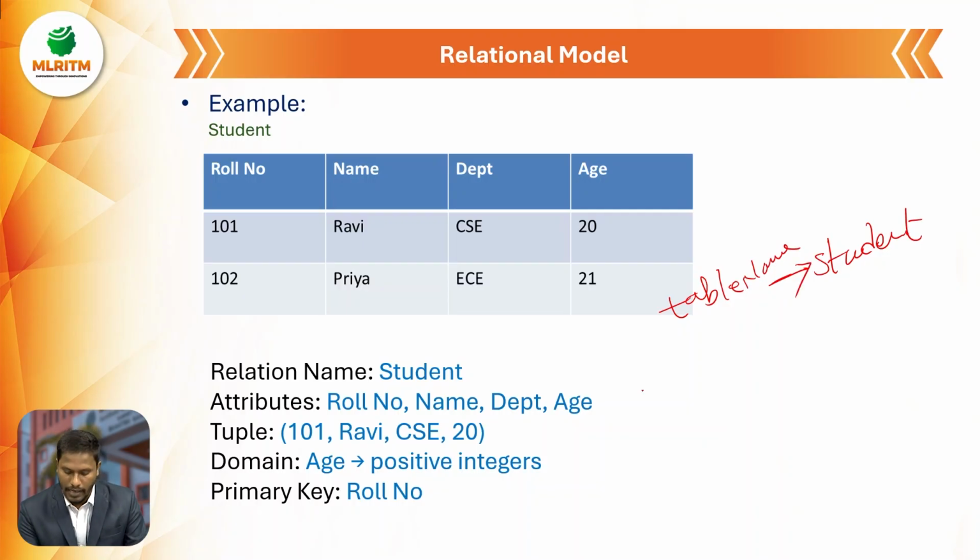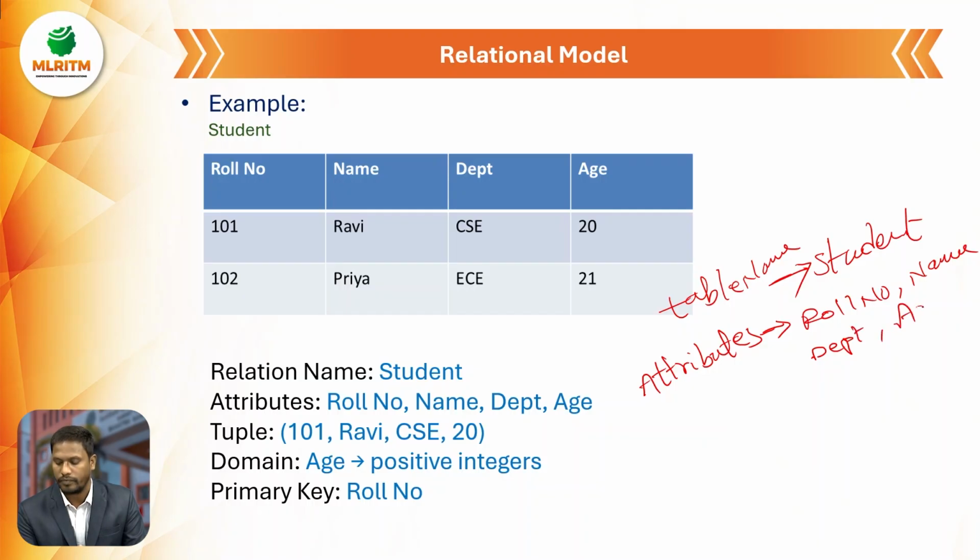What are the attributes we are having? Roll number, name, department, age. See, we are having roll number, name, department, age.